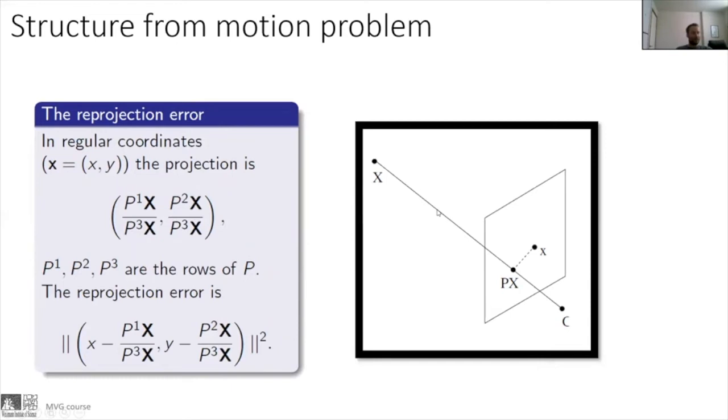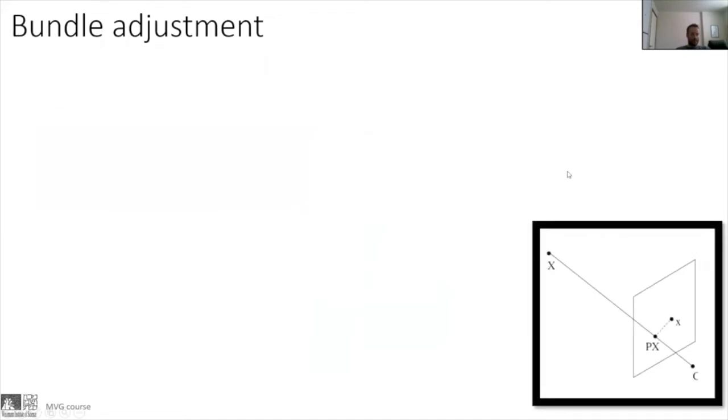And to get some intuition, you have a point in the world, which is capital X. You project it to the image plane using the camera matrix, and you measure the distance between where you thought x should be, which is the lowercase x, and the projected capital X. So this is the reprojection error, and we will use it quite a lot in this lecture.